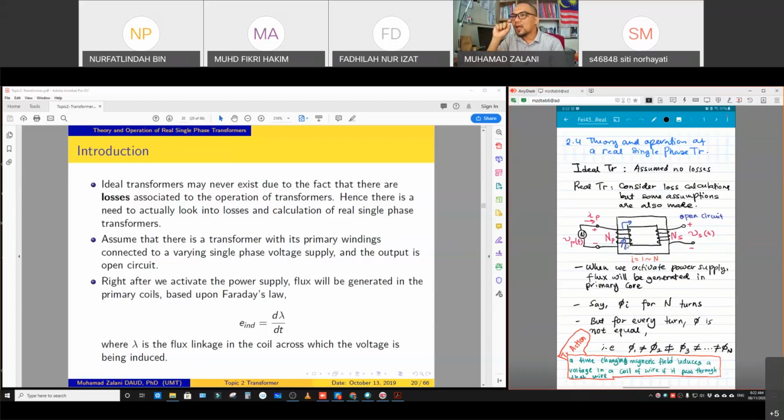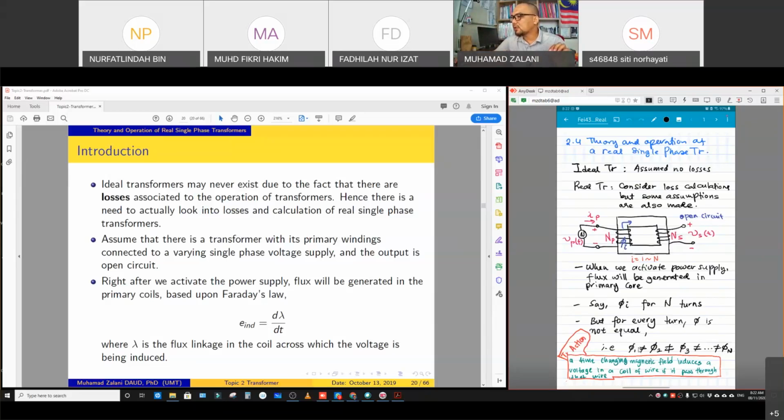So every turn is not perfectly made, which is at the factory, maybe there might be something which is not perfect that happens. So that makes the phi for every turn not the same.